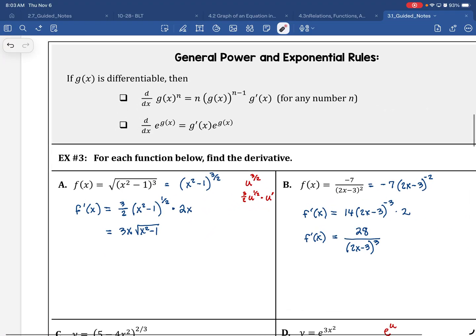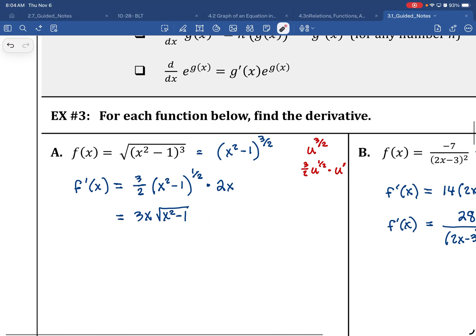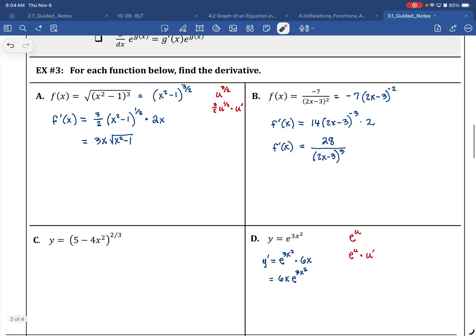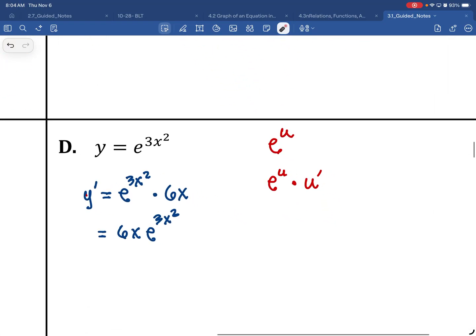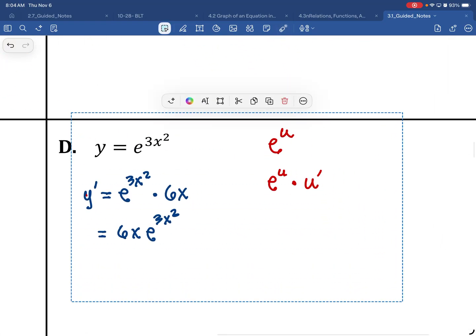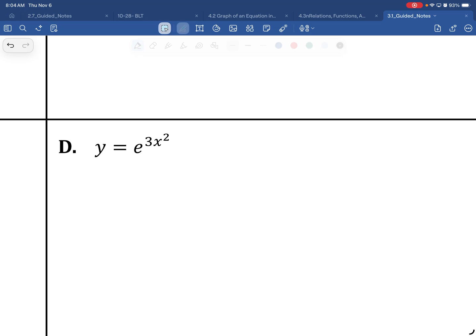So we should probably do a couple of these. Let's do this one. We can do more of them, but I think this will be a good way to see. Can I convince you in this problem that the outer function is e to some power?